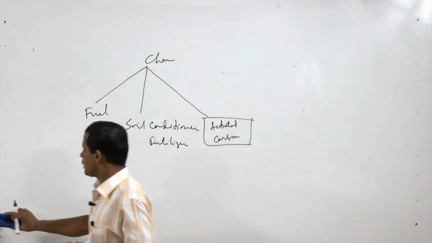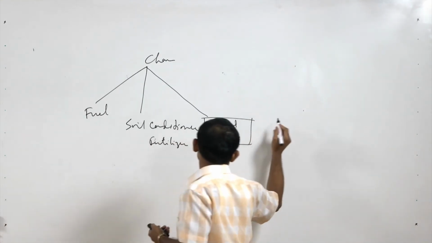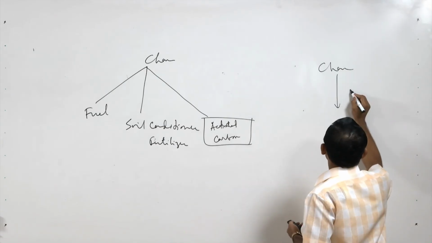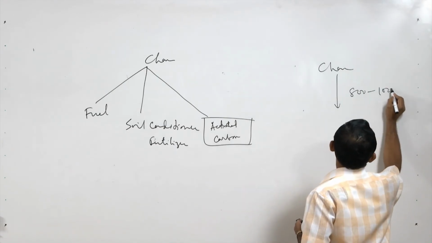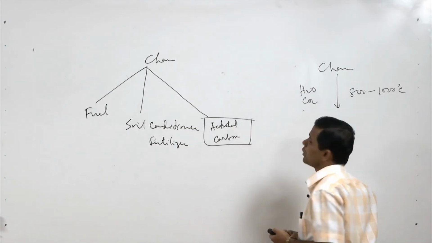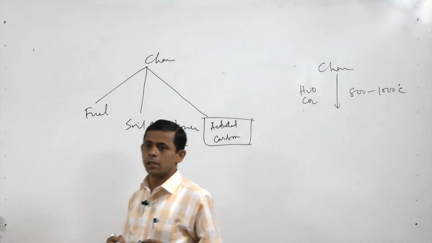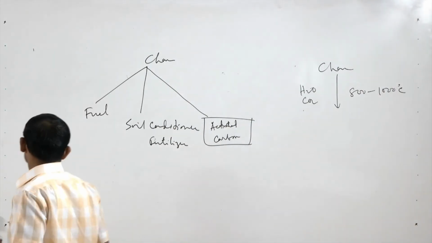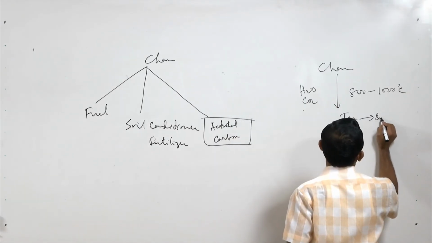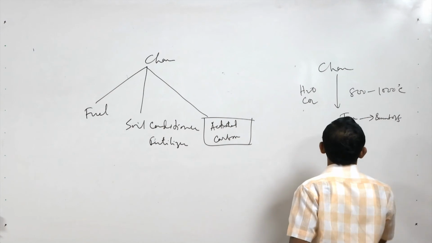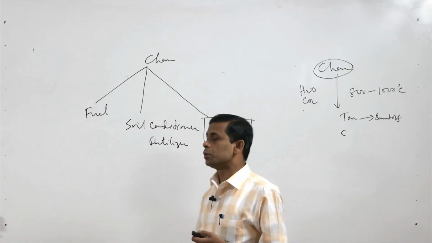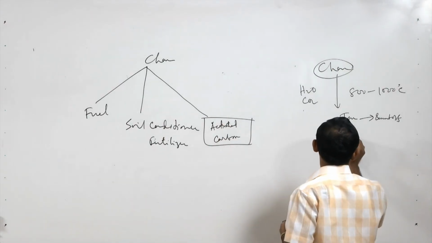In case of the physical method, this char is heated to 800 to 1000 degree centigrade in presence of some oxidizing agent, H2O or CO2. Due to this, the tar present in it is burnt off and carbon present in the char is also further oxidized.